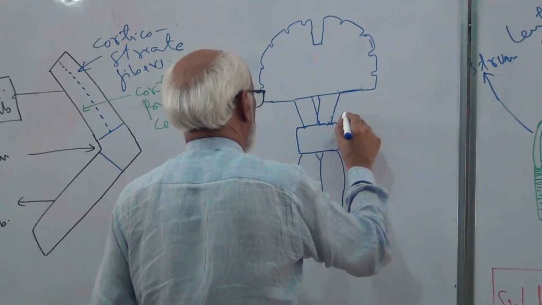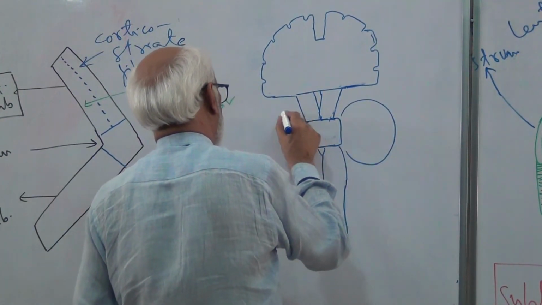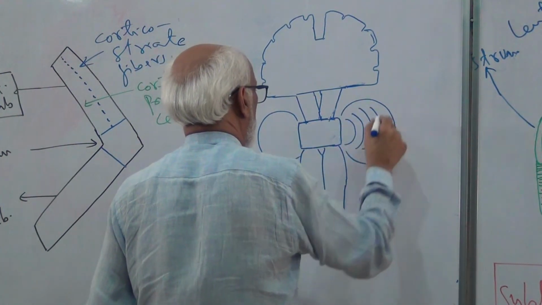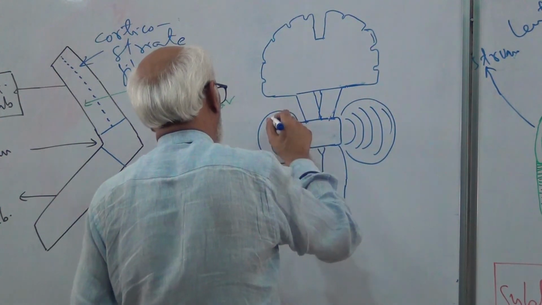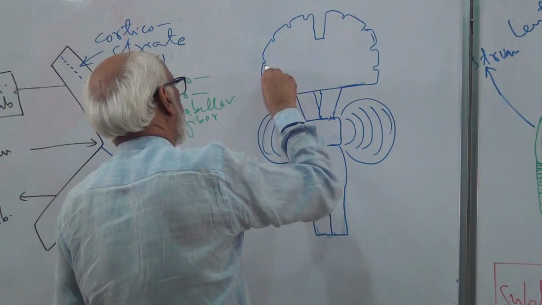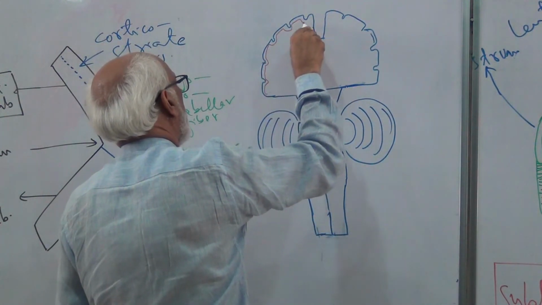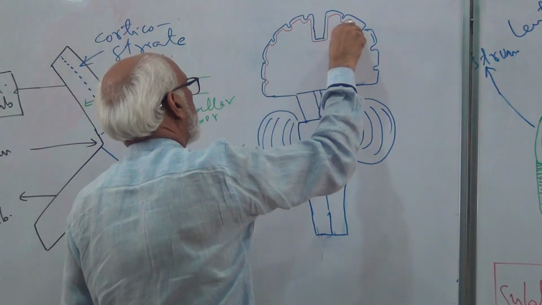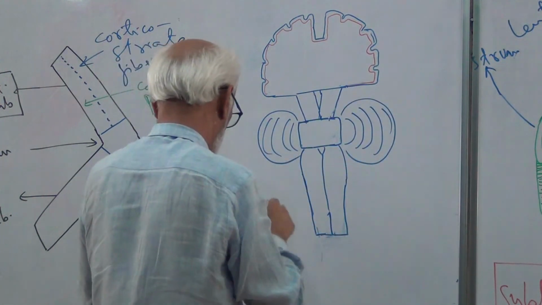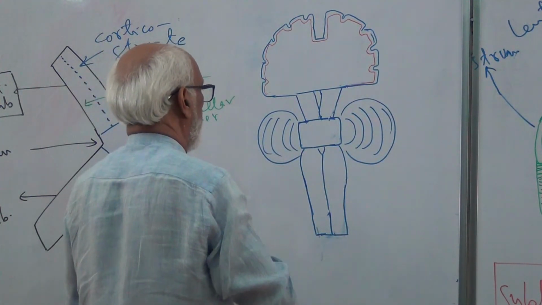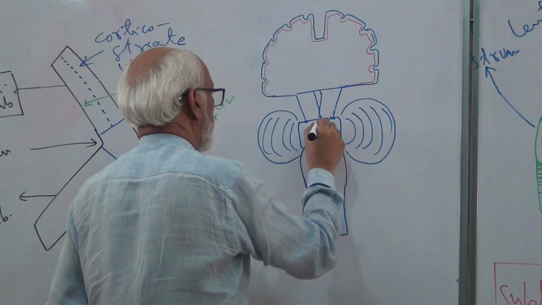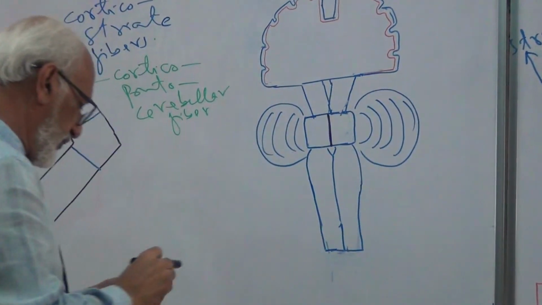And behind it is the cerebellum, right cerebellar hemisphere and left cerebellar hemisphere. And the cerebral cortex, right and left cerebral hemisphere. And this is the middle line of the pons, right half, left half, just for descriptive purposes.